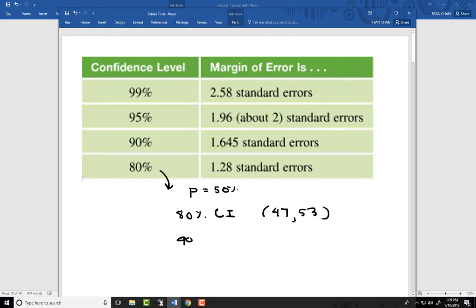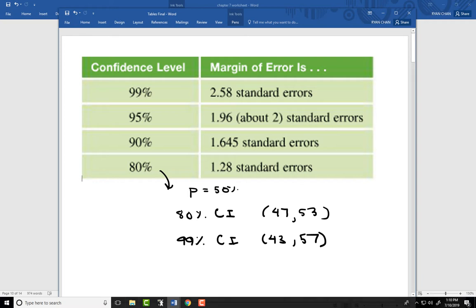If I have a 99% confidence interval, it'll be maybe 43 to 57. So as my percent confidence gets higher, my interval actually gets wider, because the idea is it's going to catch my guess. My guess will be more likely to land in the 99% confidence interval than in the 80%.